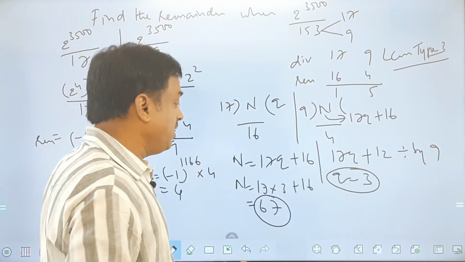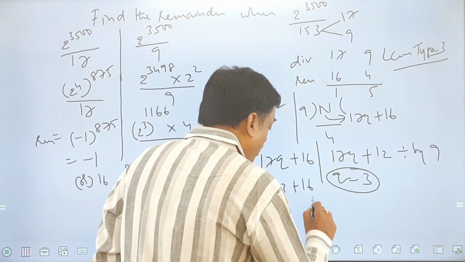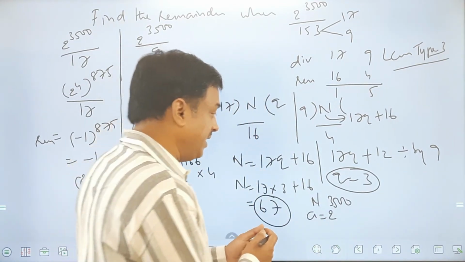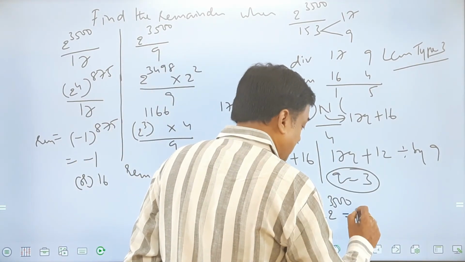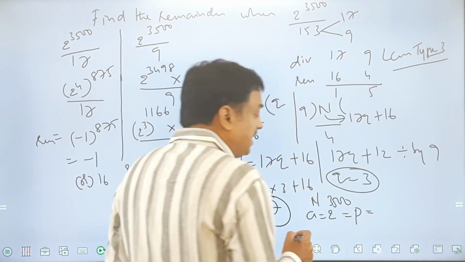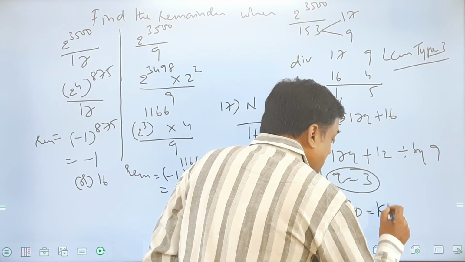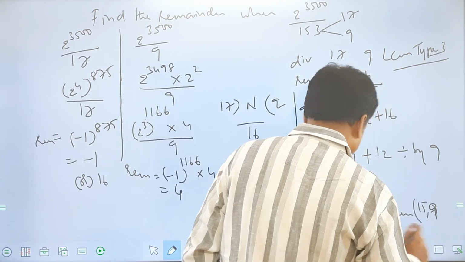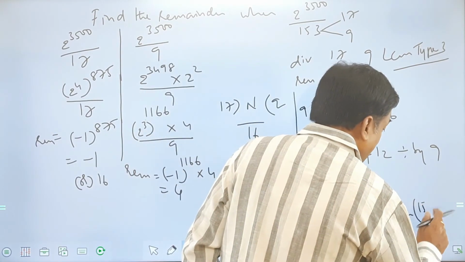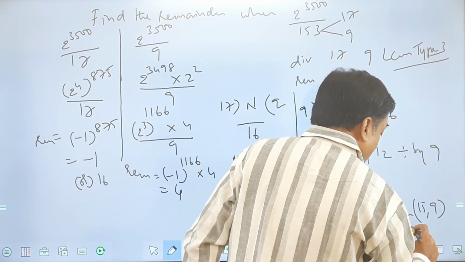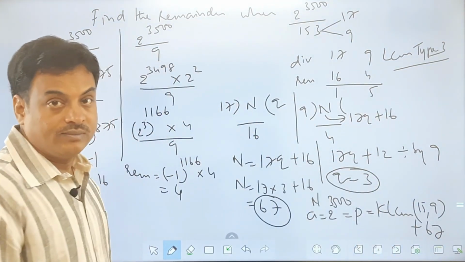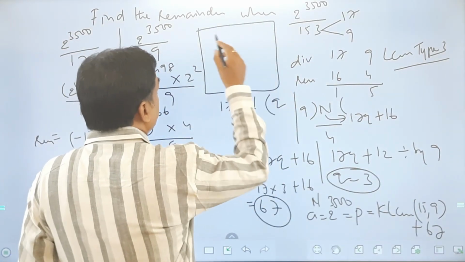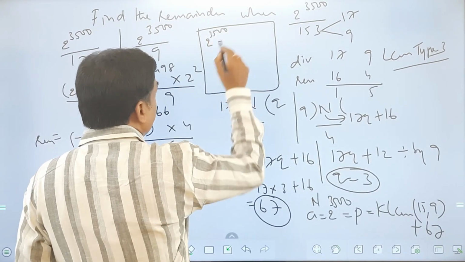And what is LCM type 3, my friend? It says a to the power of n, here 2 to the power of 3500, is in the form of k times the LCM of 17 and 9, plus the least common number 67.